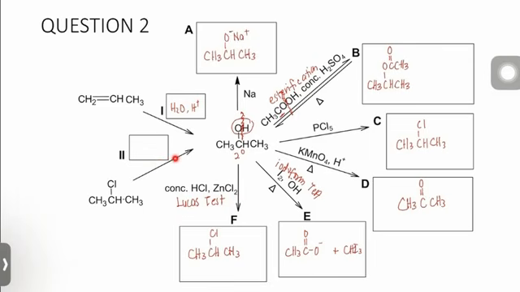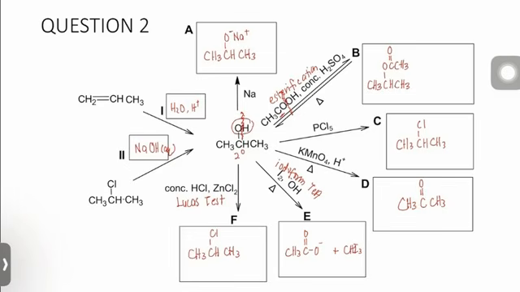So this is a nucleophilic substitution reaction. The substitution involves the nucleophile. So the nucleophile here is OH minus, substituting Cl minus. So the reagent here is basically a dilute base, that is NaOH aqueous. Okay, we have a dilute base which is NaOH aqueous.